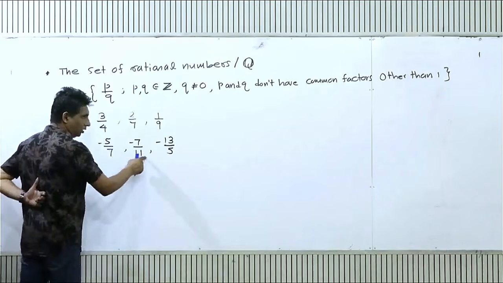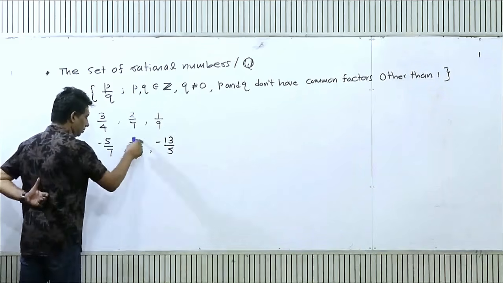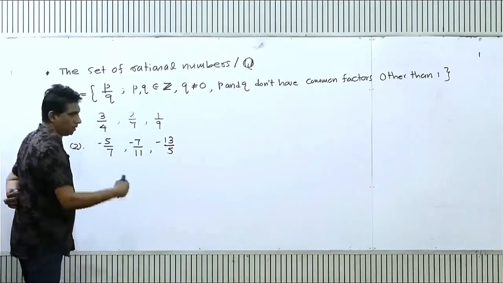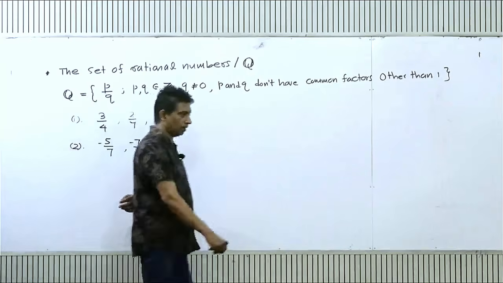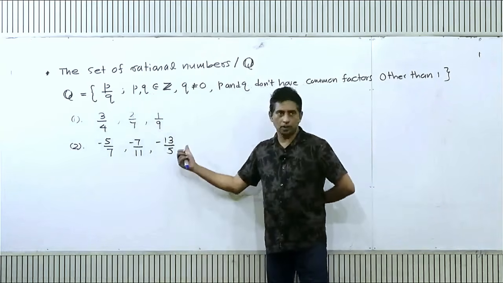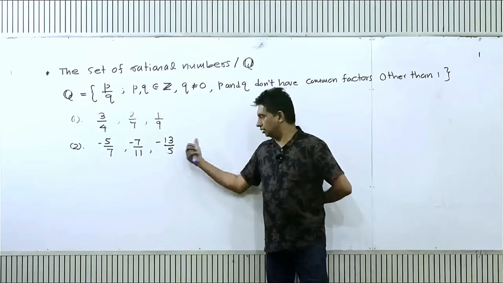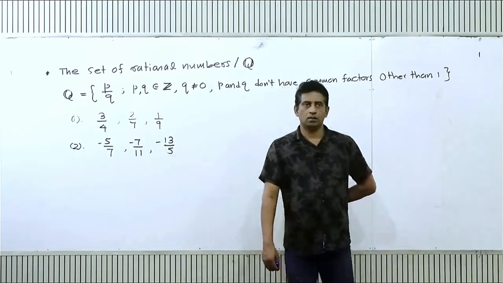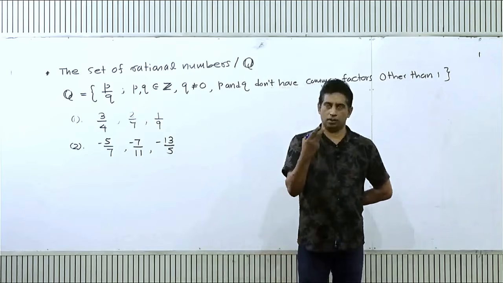The denominator integer is not 0, and these two integers don't have common factors other than 1. If we simplify this one, what can we get? Negative decimal numbers. That means some negative decimal numbers are also rational numbers.